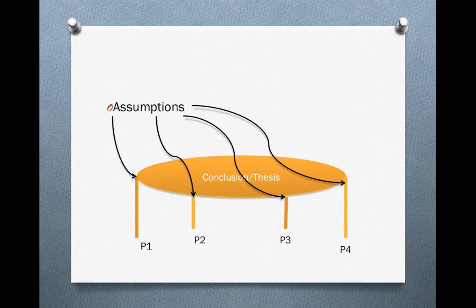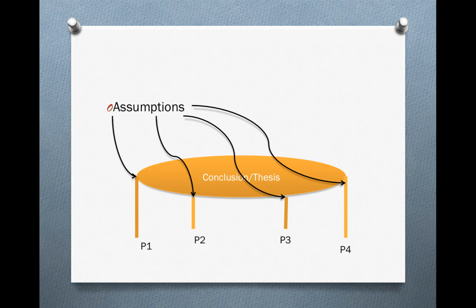Okay, for you visual learners out there, let's talk about this diagram for a minute. If we think of this table as an argument, it's a metaphor that works pretty well. Remember that the tabletop, which is the part of the table that you actually use, can be thought of as the conclusion or the thesis. So in this case, the tabletop is the statement that I need to buy a new car.